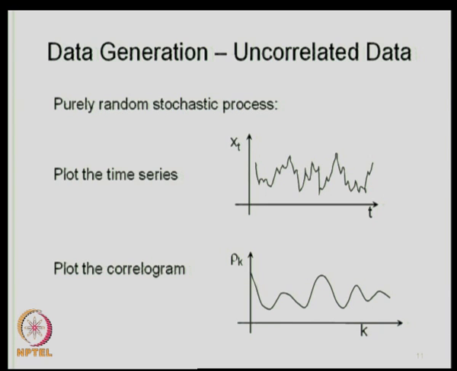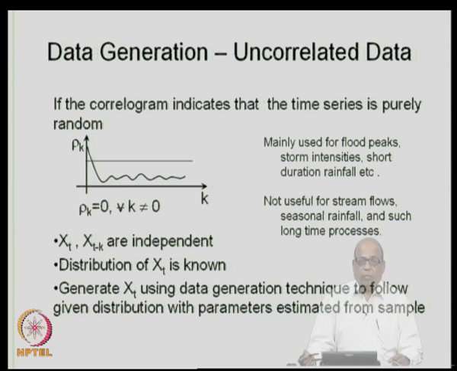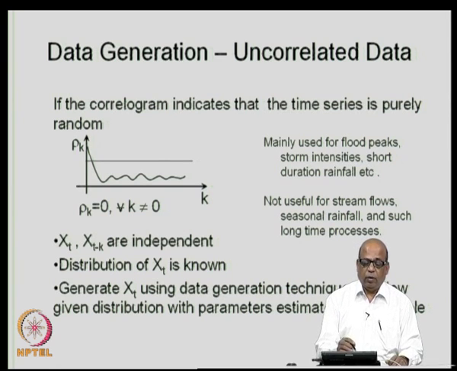Then what do we do? If the correlogram indicates that rho k is equal to 0 for all k not equal to 0, what I have shown here is the sample autocorrelations. So, they will not be exactly equal to 0, but they will be statistically insignificant.